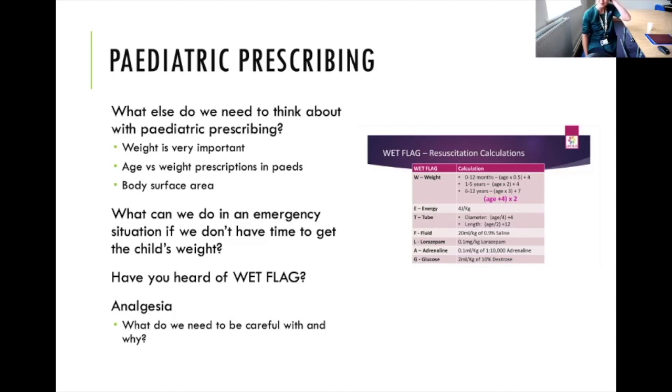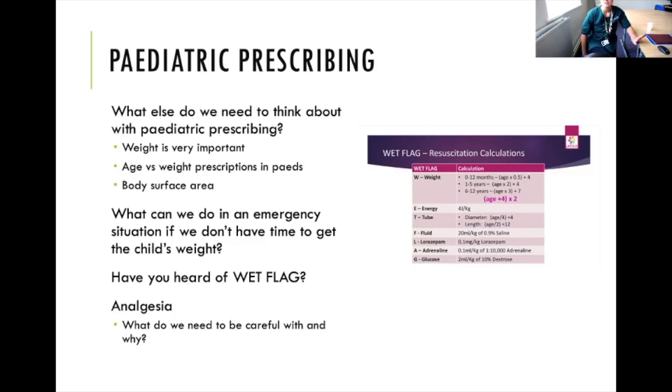Body surface area is not used for many drugs, but aciclovir IV is one that I can think of that goes off body surface area, and it just takes a little bit of calculation, but there's a lot of references in the BNFC that, if you've got a weight, will calculate the body surface area for you. So again, it's more simple than it looks and sounds.